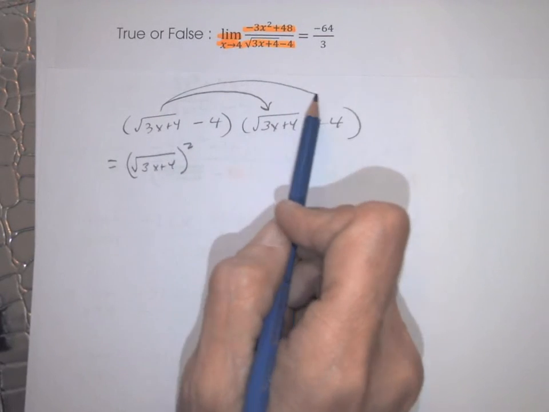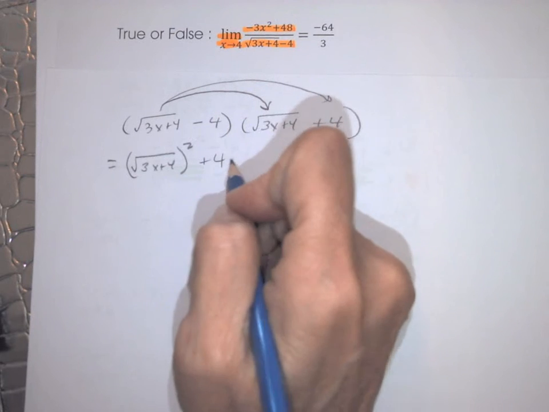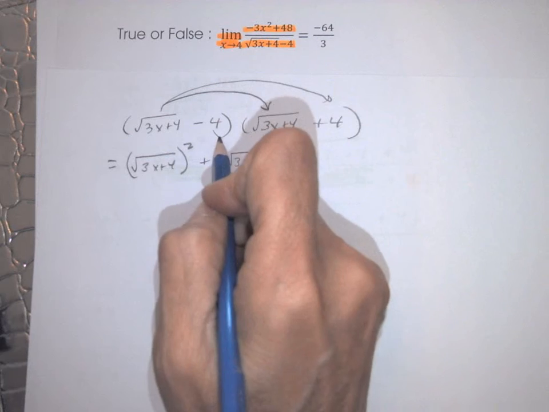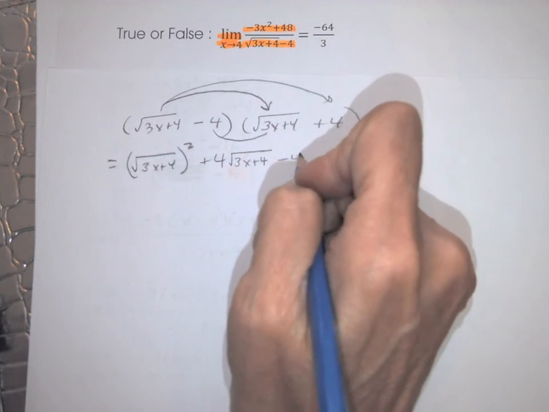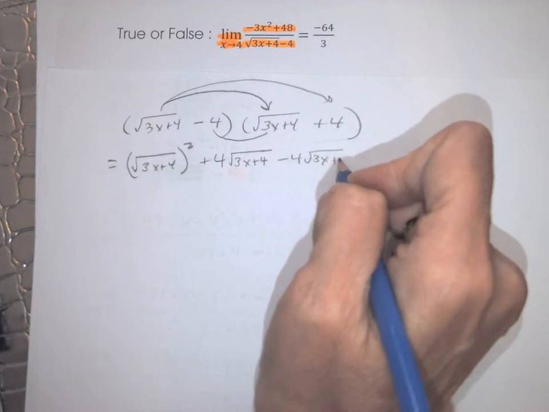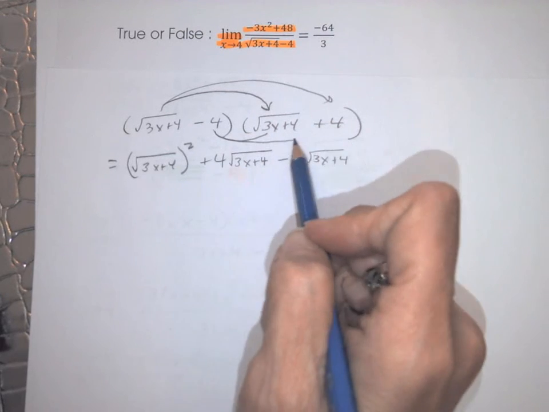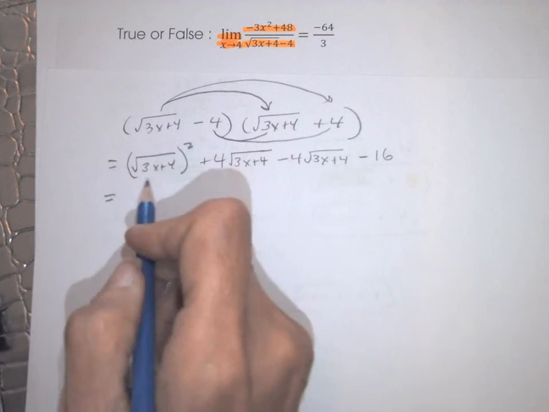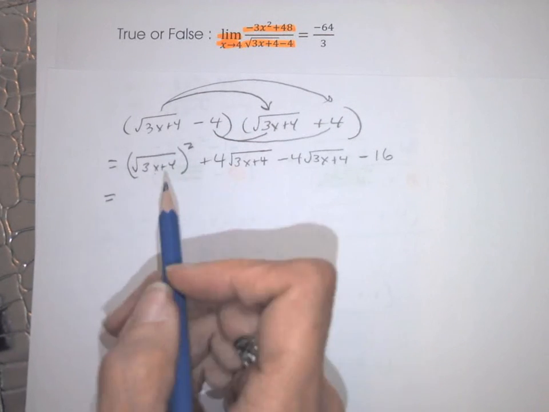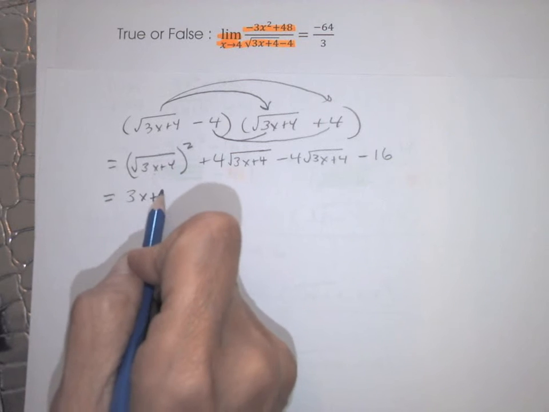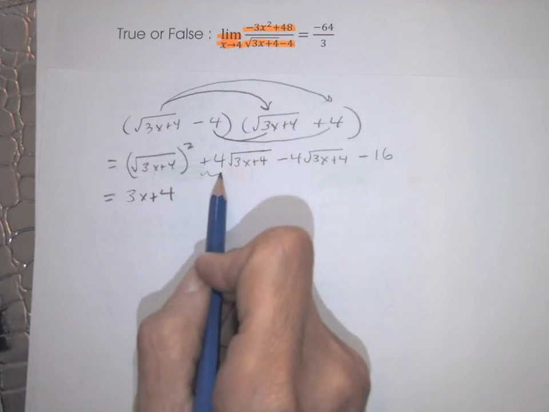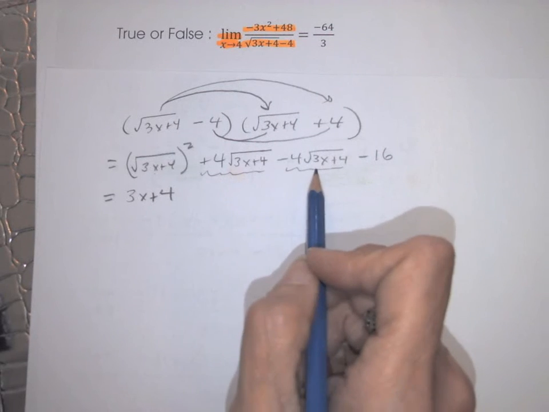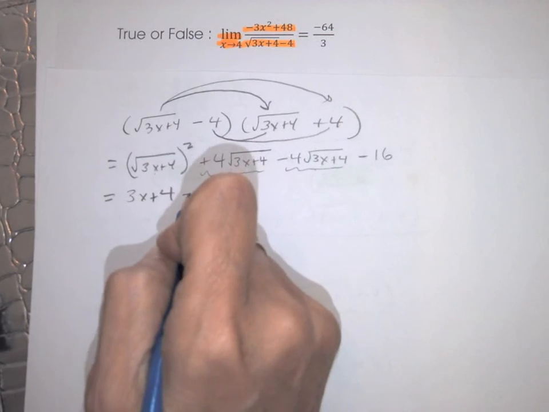If you multiply the outside ones together, you get plus 4 square root of 3x plus 4. If you multiply the inside ones together, you get negative 4 times the square root of 3x plus 4. These are like terms that add up to 0, so you don't need to write them down. And if you multiply the two last ones together, negative 4 times positive 4 is negative 16.